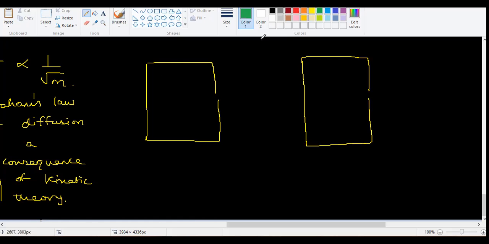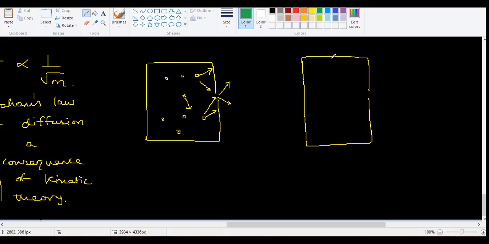Here, let's say I have hydrogen atoms. Hydrogen atoms are doing random motion. The velocity is higher, which means it's not going to keep on running around alone. Sometimes it will be hitting here. When they come in this direction, it's going to leak out here. Are you able to imagine what I'm saying? Yes, no?